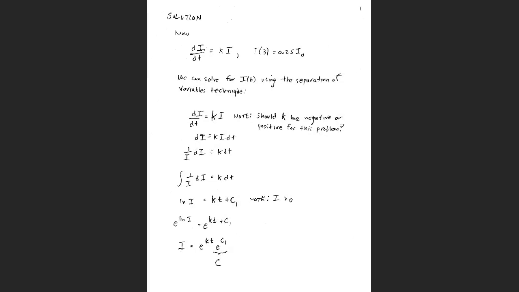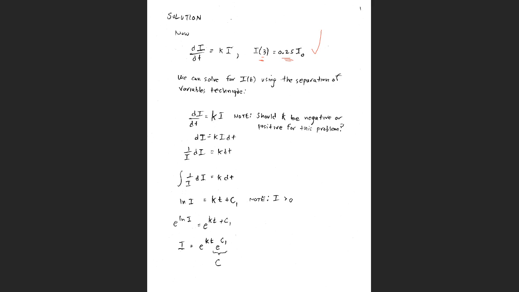So okay, here is the initial value problem then. dI/dt is equal to k times I, where 3 feet below the surface, the intensity of the light is 25% of the initial intensity of the beam.